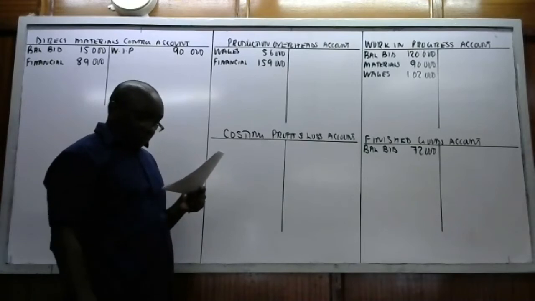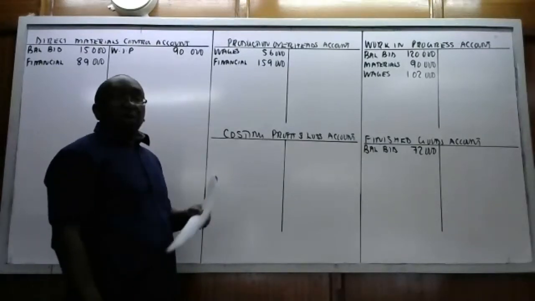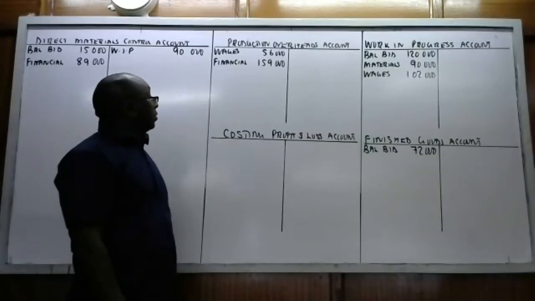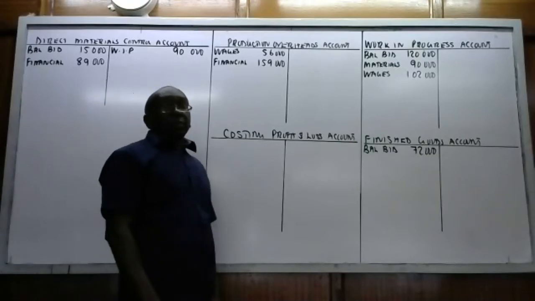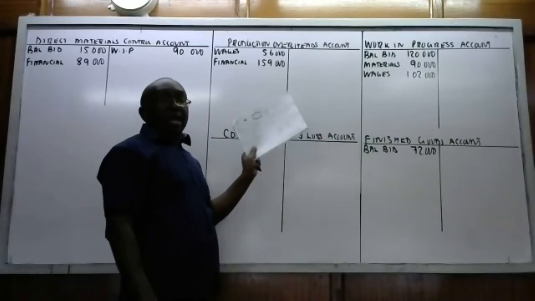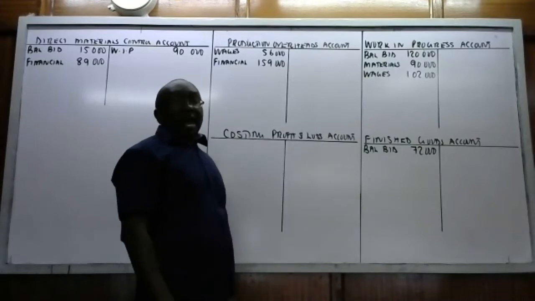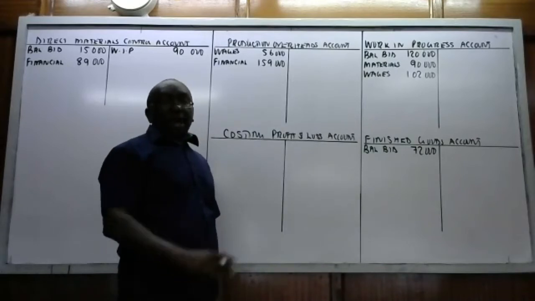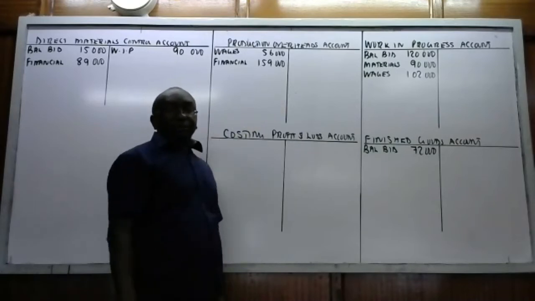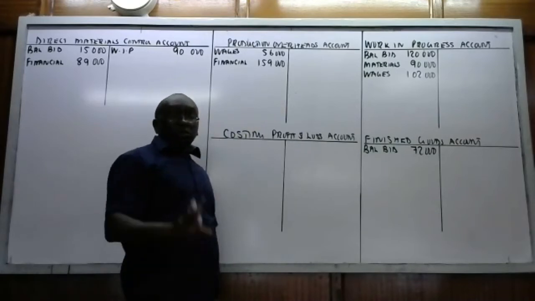Then we have sales. When you make sales, you debit the finance or financial and credit the sales account. So those two are not here.